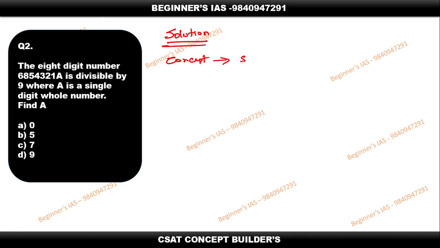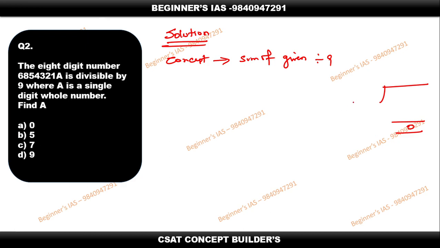The concept is: the sum of the given digits is divided by 9, then the given number is divisible by 9. Or else you need to use some normal traditional method. Suppose you don't know any logic, just replace the options in the place of A. If the remainder is 0, then surely that number is going to be divisible by 9.